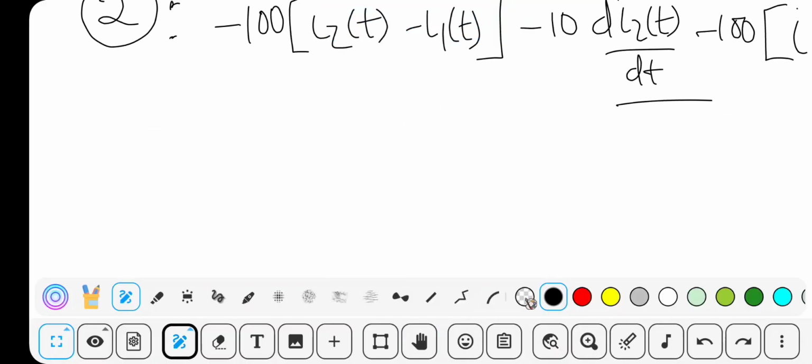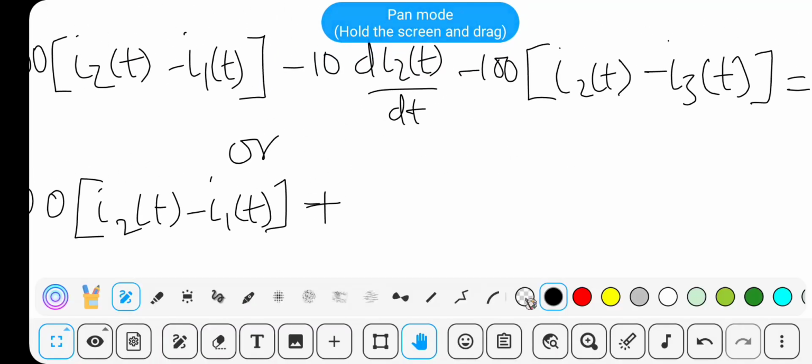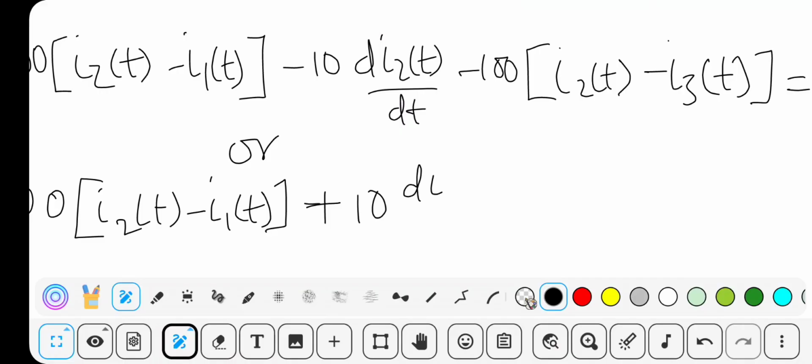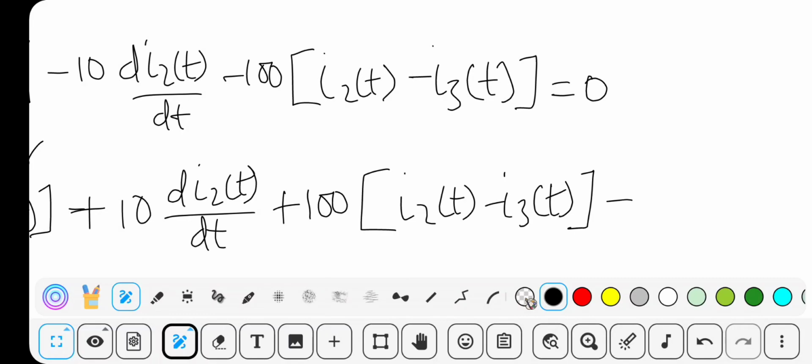We can multiply both sides by minus 1, so we have it like this: plus 10 dI2(t)/dt plus 100 and so on, which is equal to 0.